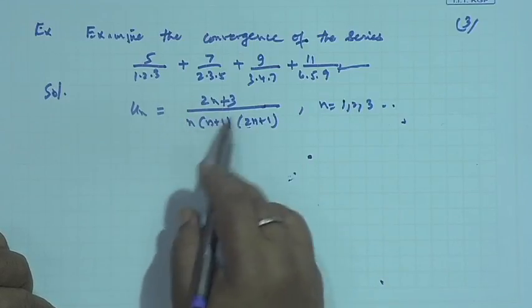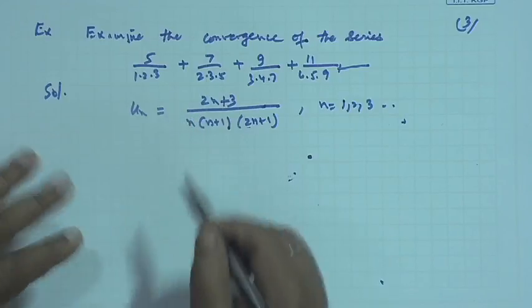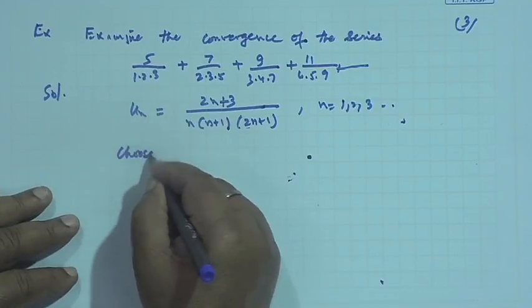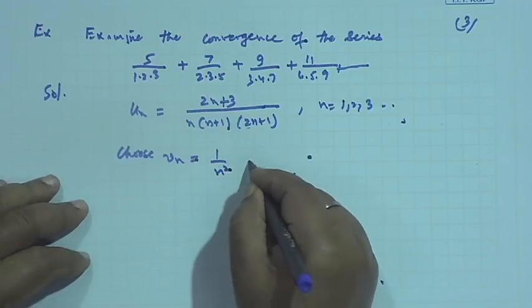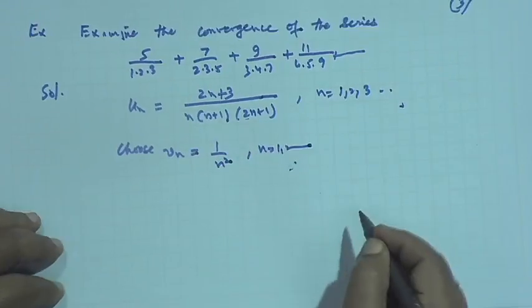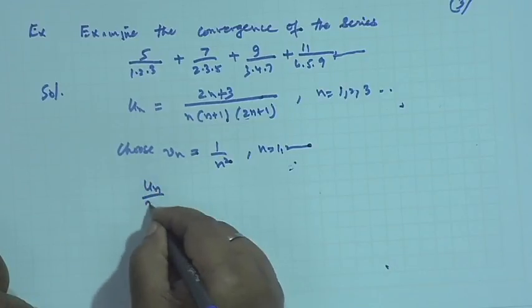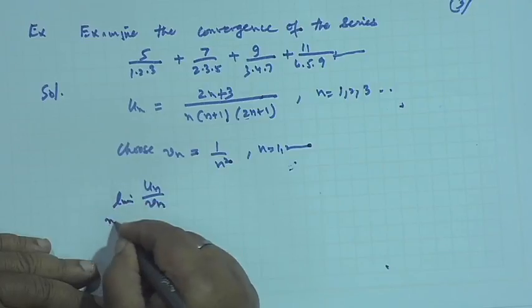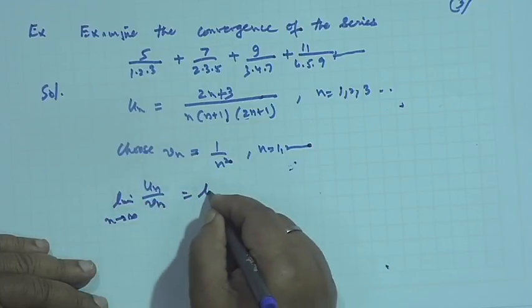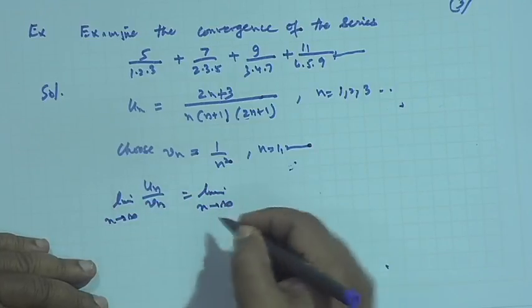If I remove that, then the limit will come out to be a constant term. So, choose v n as 1 by n square, where n is 1, 2, 3, and then take u n over v n and take the limit as n tends to infinity. So, this is the limit as n tends to infinity.